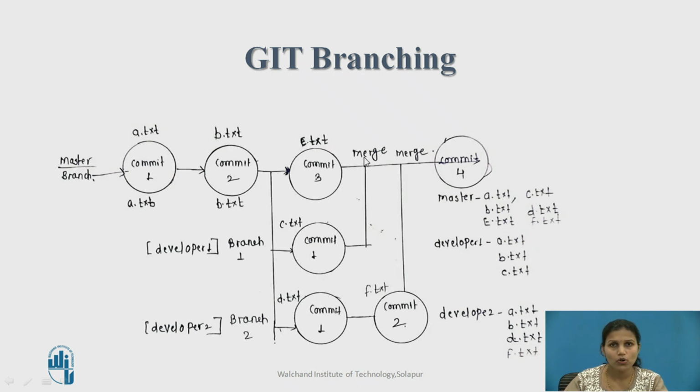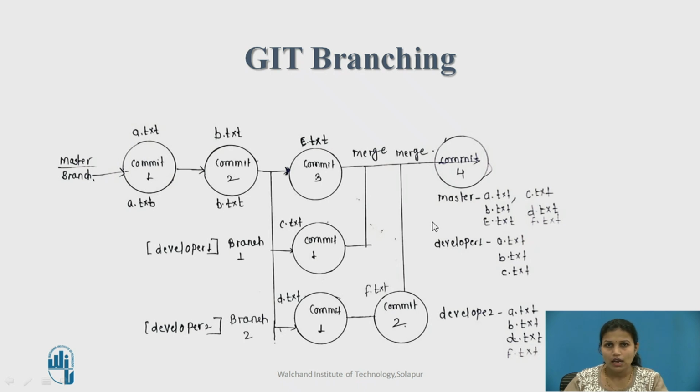This file is not going to be added into branch 1, and the same applies to branch 2, because there d.txt and f.txt are the two files created, and when the merge operation is performed, the e.txt file is not added into branch 2. After we have done the merge operation, the master branch performs the commit 4 operation, where it can see all the files committed by the branches and the files committed by the master branch.